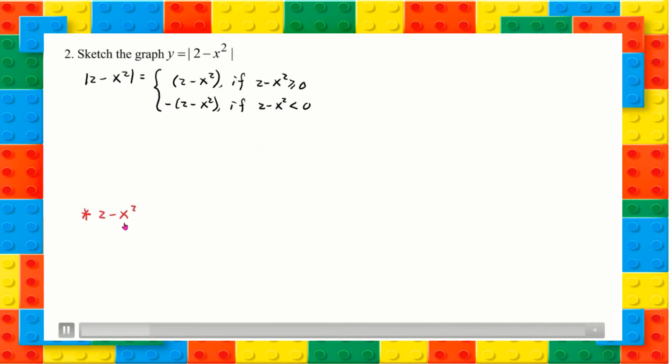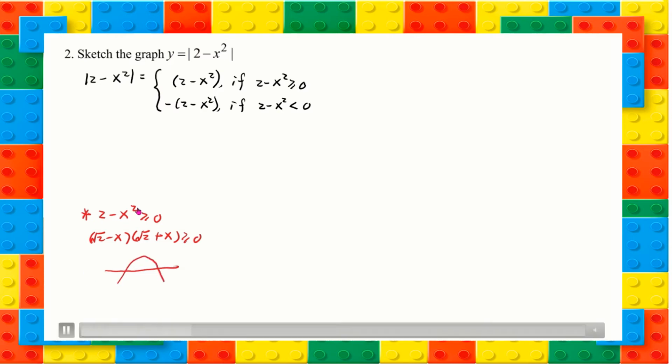For 2 minus x squared greater than 0, first we need to factorize the quadratic into two linear factors. So we will get square root of 2 minus x, square root of 2 plus x. Then we need to sketch the graph of this quadratic.